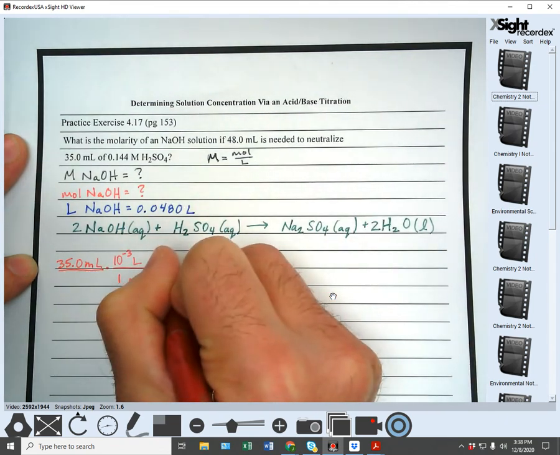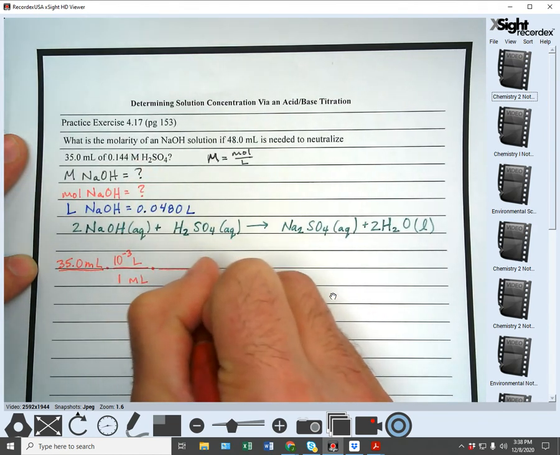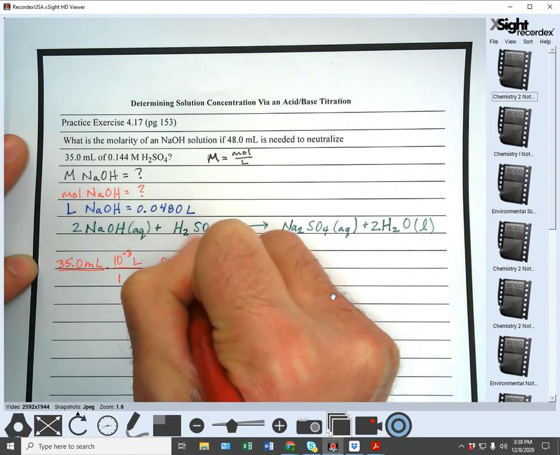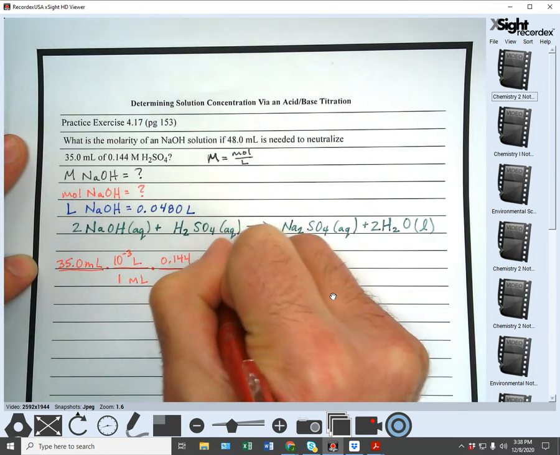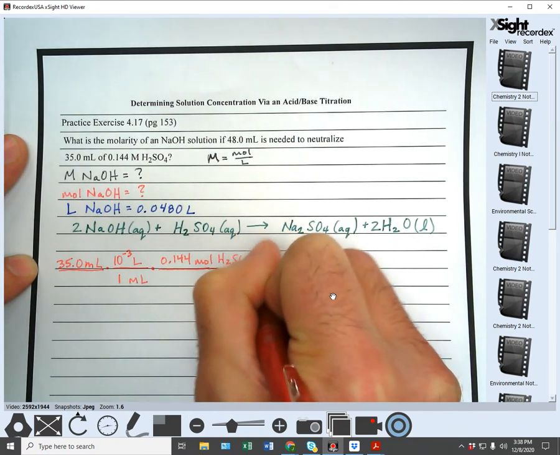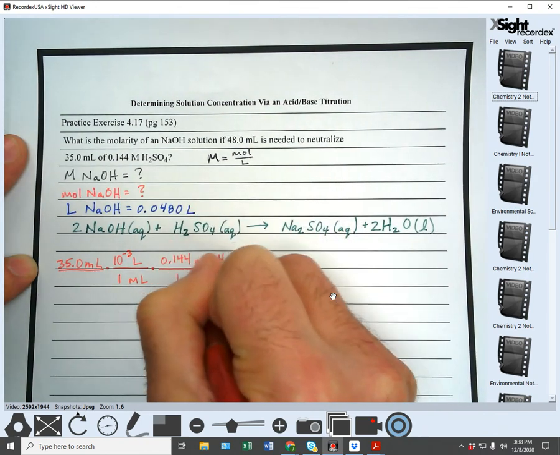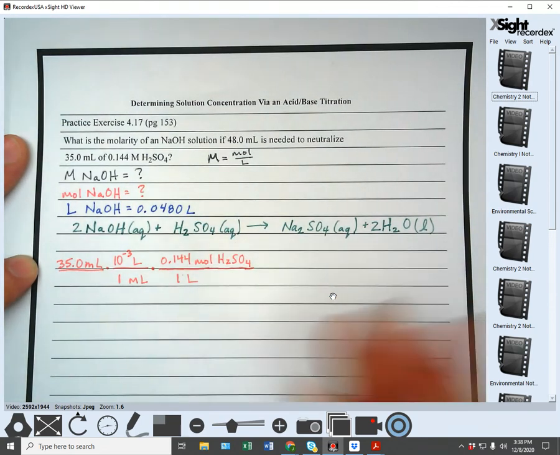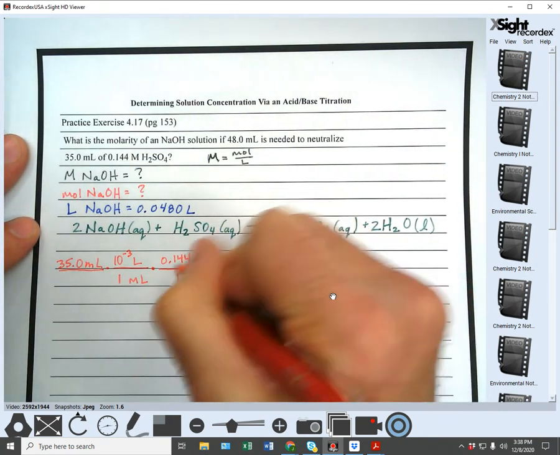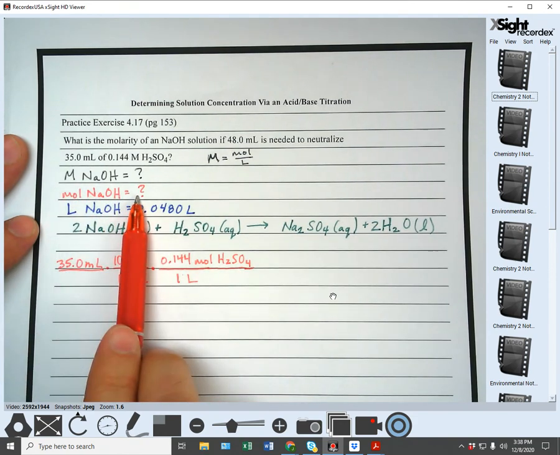Then I'm using my molarity as a mole over liter conversion, and this is of the H2SO4. I'm not going to write the H2SO4 on the liters in the bottom there, but you can get the idea. Now I'm in moles of H2SO4. I need moles of NaOH, right?